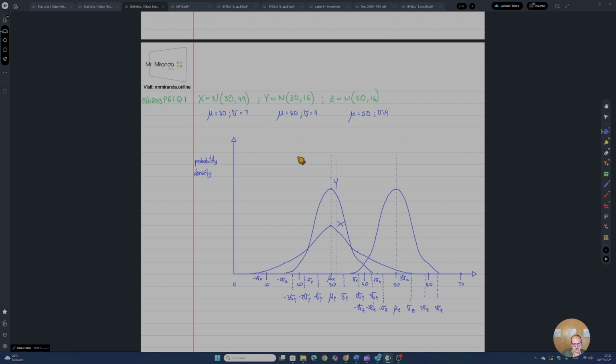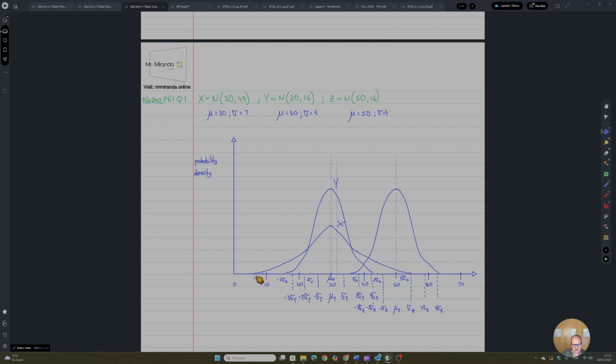So in this case it would be 30 minus 12, that's 18, to 42. Whereas in this case, the standard deviation is 7, so 3 times that is going to be 21. 30 minus 21, that's basically 9. And 30 plus 21, that's going to be 51, all right?